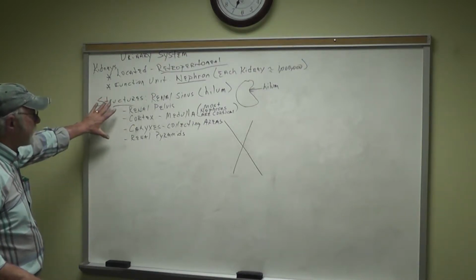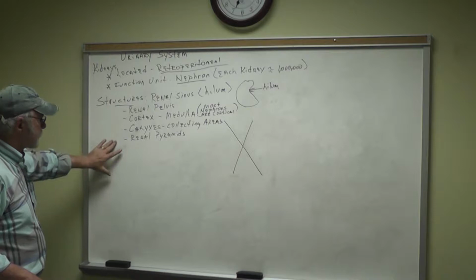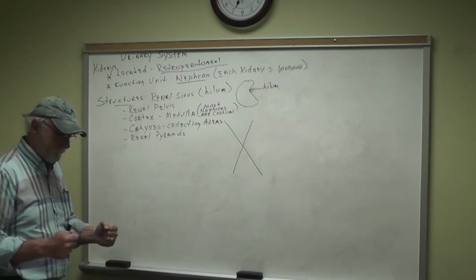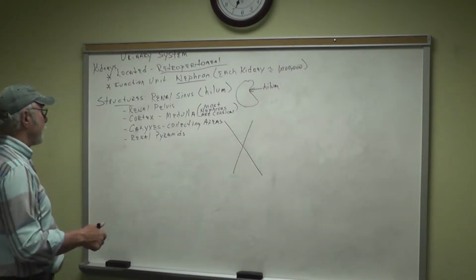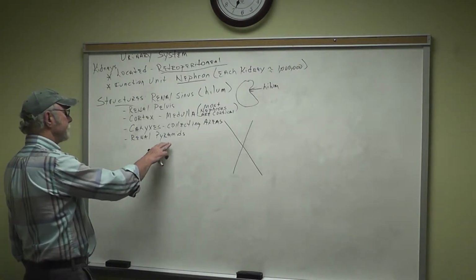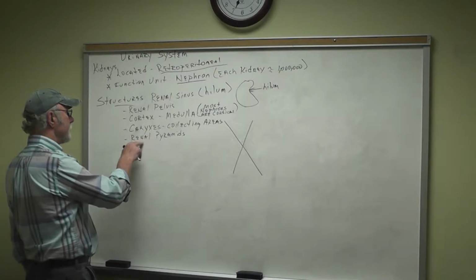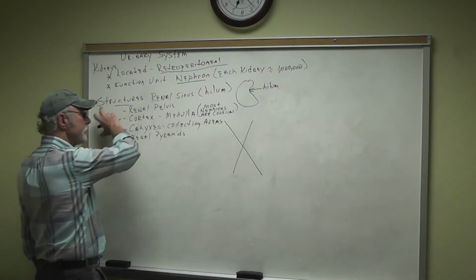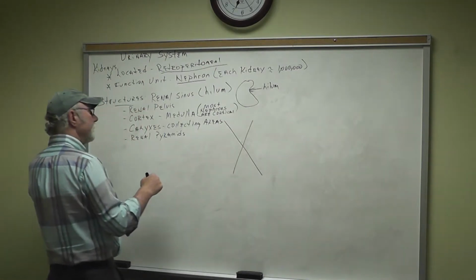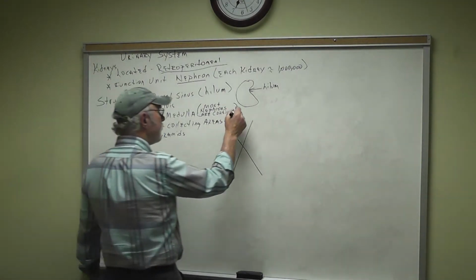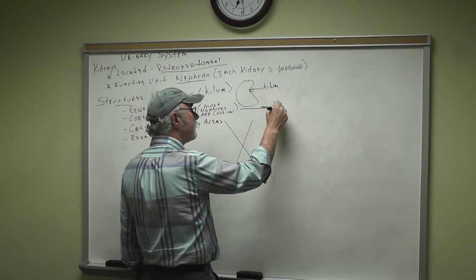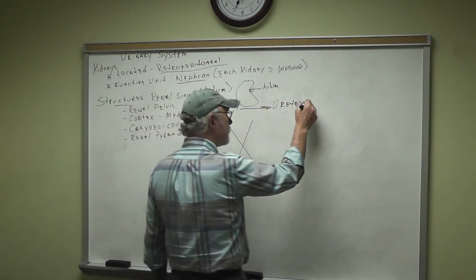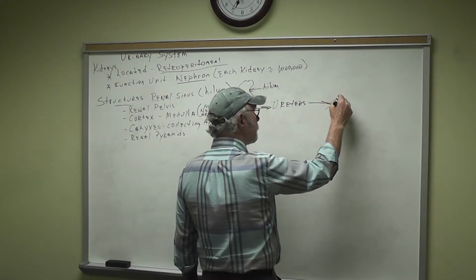Just be aware that these structures are there, and when urine is formed, it comes through the calyces or the pyramids down to the calyces, and then to the pelvis, and then from the pelvis they'll go into the ureters. We have 2 ureters. All right, and these ureters will empty into the urinary bladder.